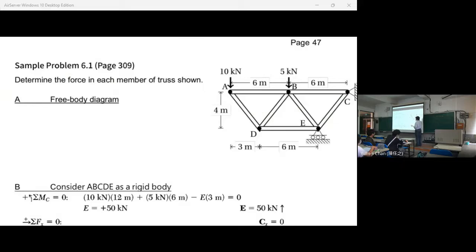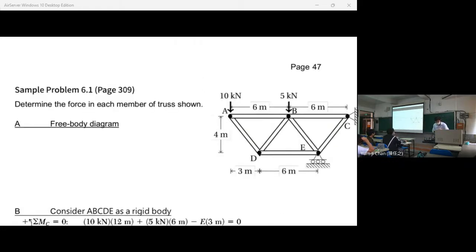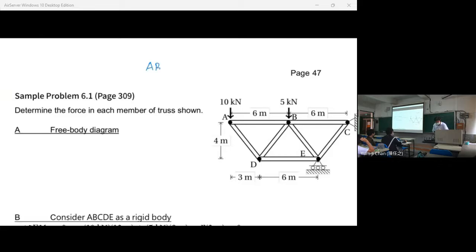Remember that we do not have AC: AB and BC are two members. So we have 1, 2, 3, 4, 5, 6, 7. We have 7 members.